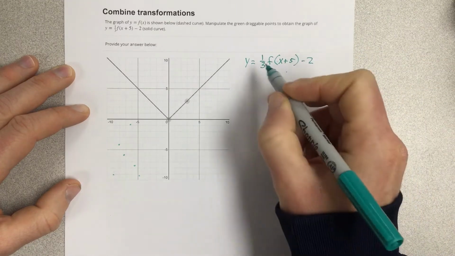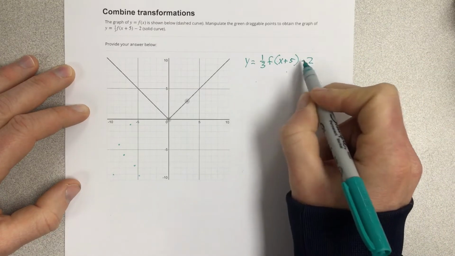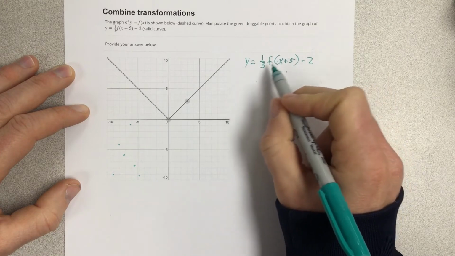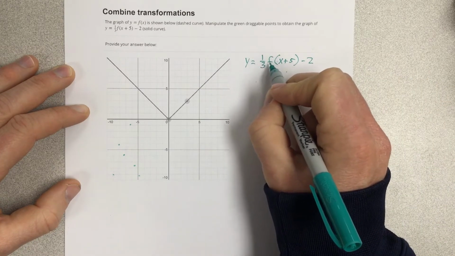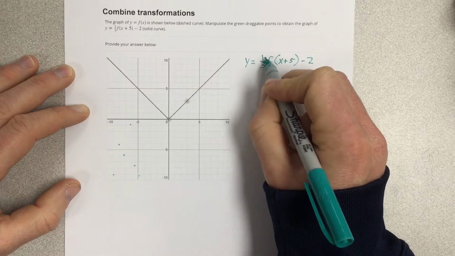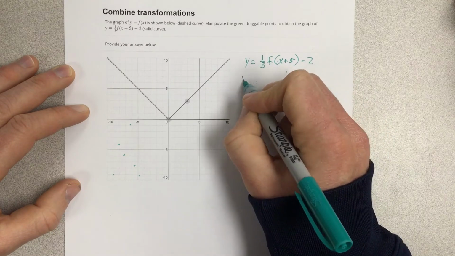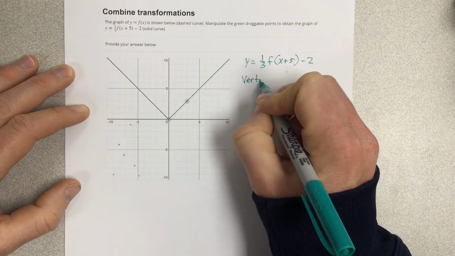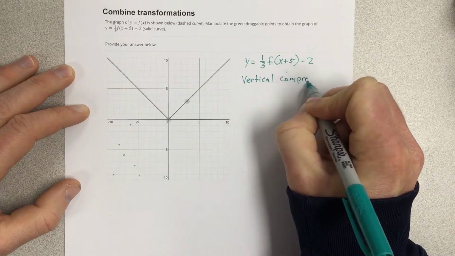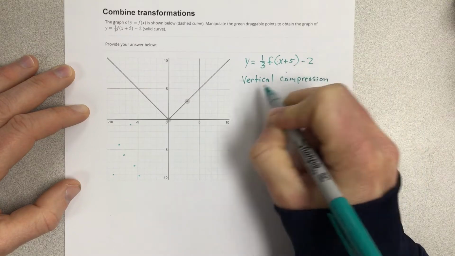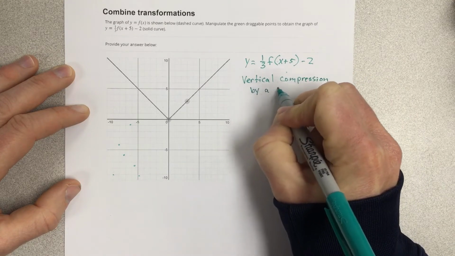The first thing I want to do is write down all the information that I know from this new graph. So this 1/3 that's in front of the f of x function is telling me that I have a vertical compression by a factor of 3.